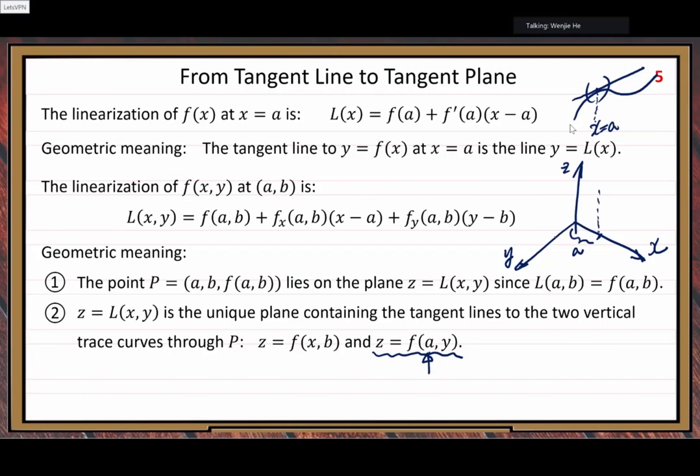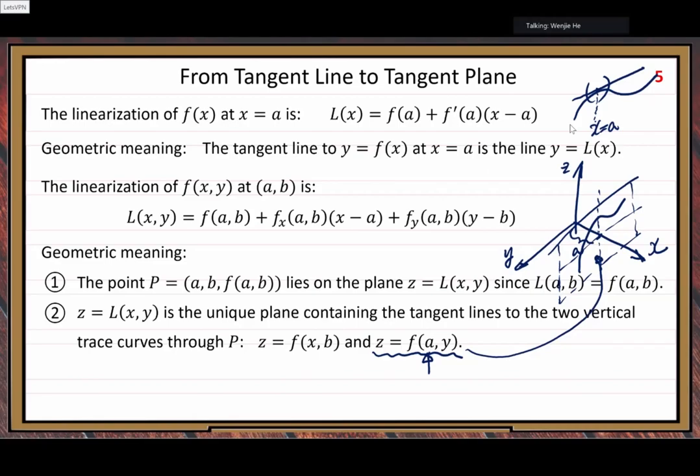Then this plane, pretty hard to draw. Okay? Vertical plane, okay, like that. Inside this vertical plane, you draw this curve. This is the vertical curve inside this vertical plane.